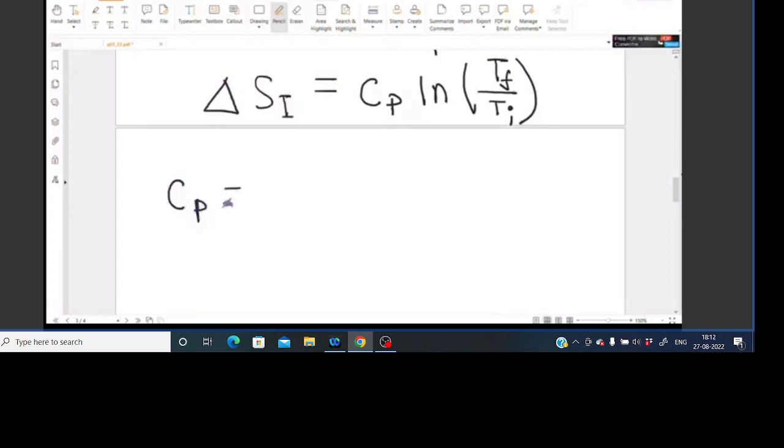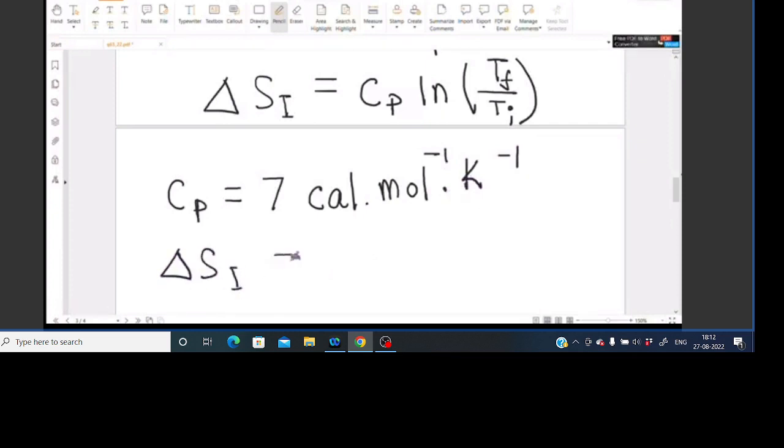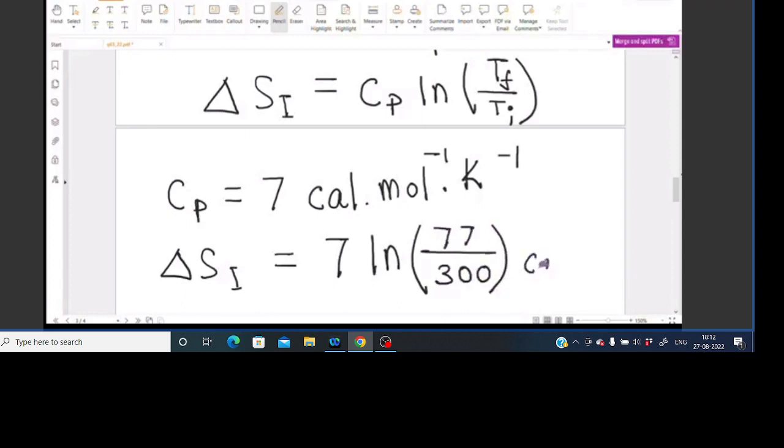In this question, Cp is given as 7 calorie mole inverse Kelvin inverse. So the change of entropy in process 1 is equal to 7 log 77 by 300 calorie Kelvin inverse.